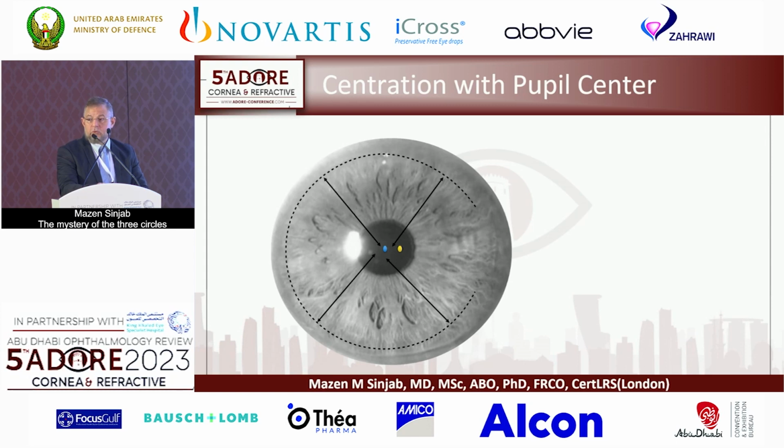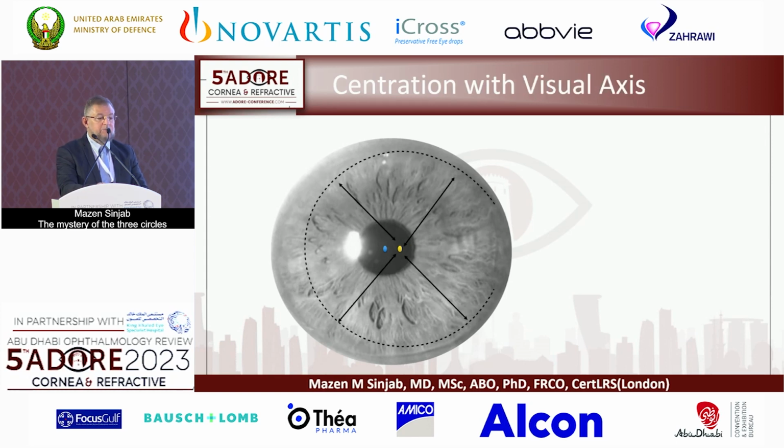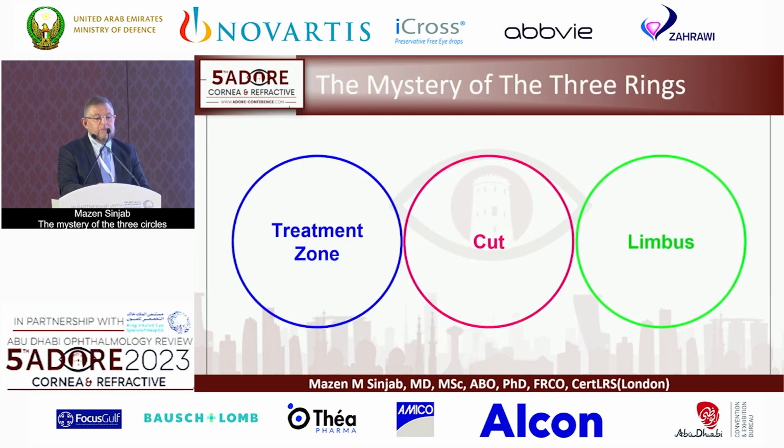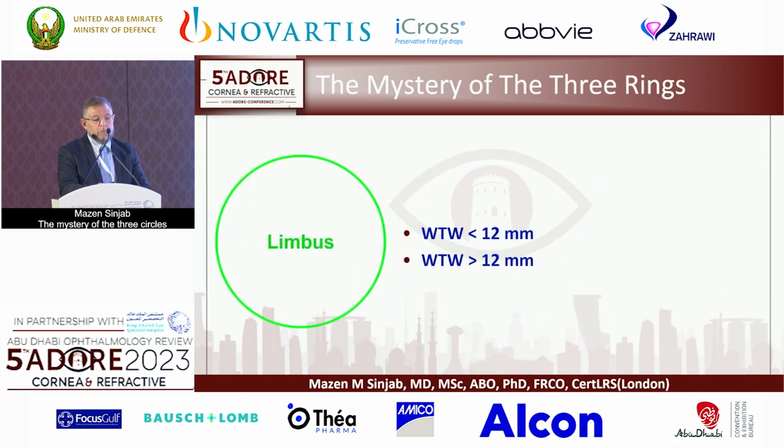Sometimes we choose the center of the pupil, and sometimes we choose the visual axis. Of course, the cut should be centered with the visual axis, especially if we are doing decentration of the laser profile. Why is that? Because if we don't do this, then we are going to ablate out of the bed or even the neck, the hinge. We come to the limbus.